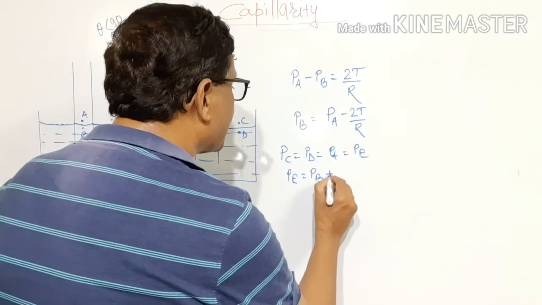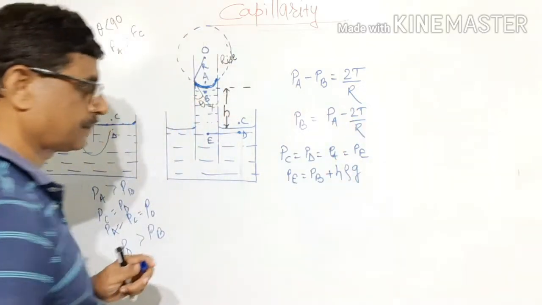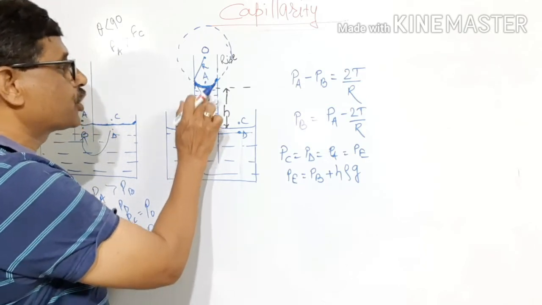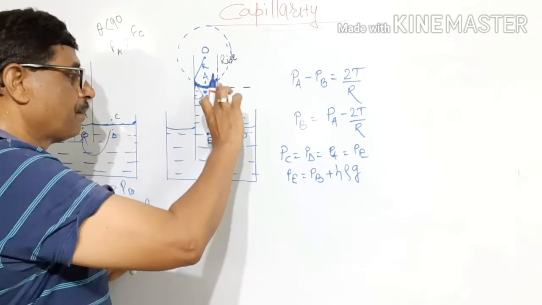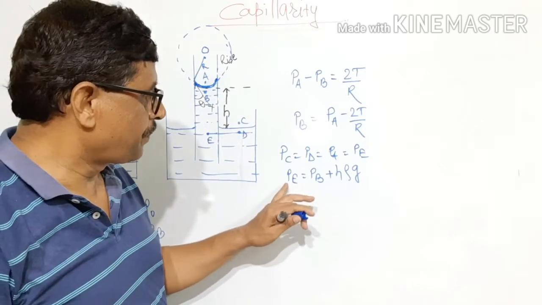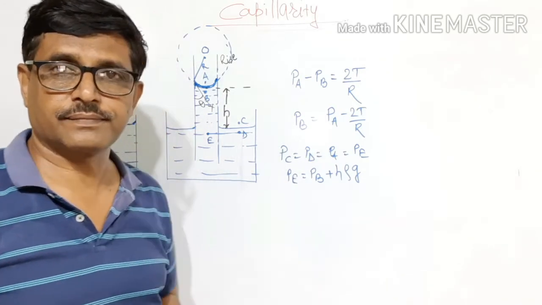Therefore, it is plus h rho g. That is, PE is equal to PB plus h rho g.